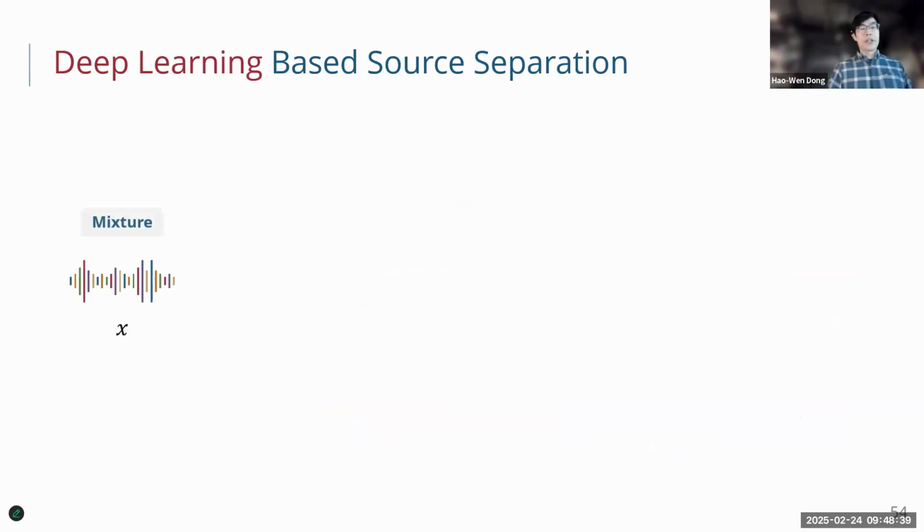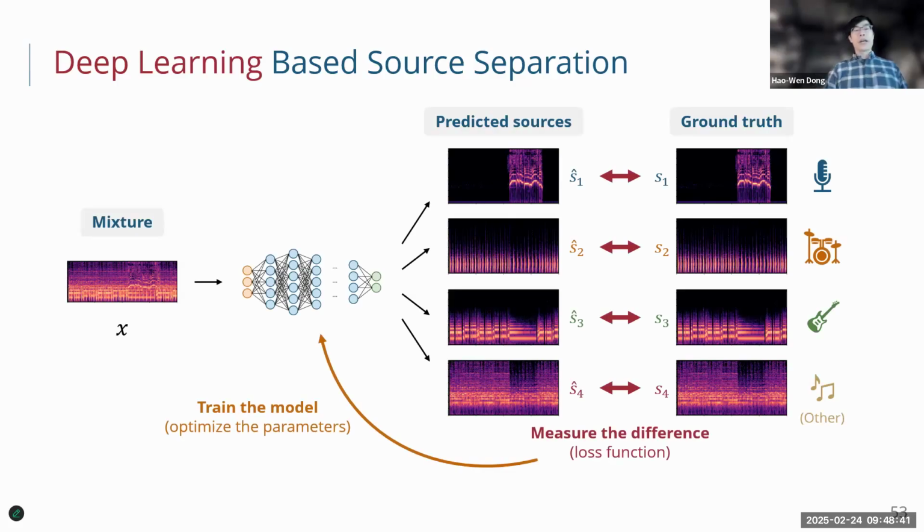But basically, this is how they work. On the other hand, this is a spectrogram, but using deep learning, you can also apply it on the waveform directly. So it doesn't necessarily have to do time frequency masking anymore.